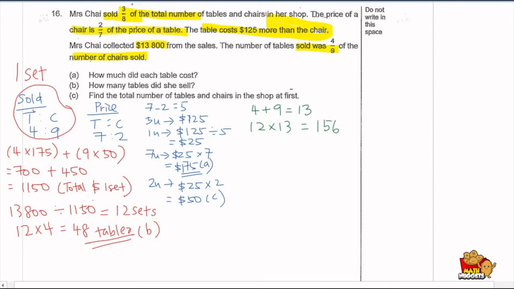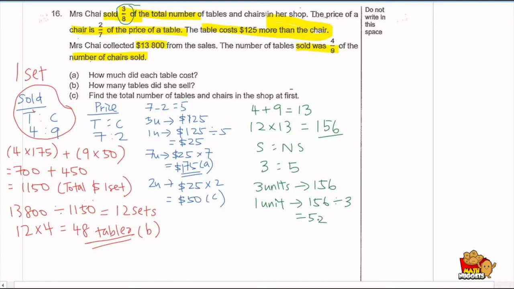This unit over here, this fraction, she sold 3/8 of the total. So this tells us that sold to not sold is actually 3:5. So 156 is the sold. So 3 units is 156. 1 unit would be 156 divided by 3, which is 52.